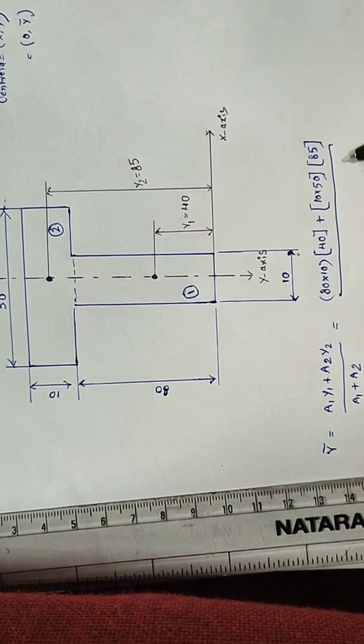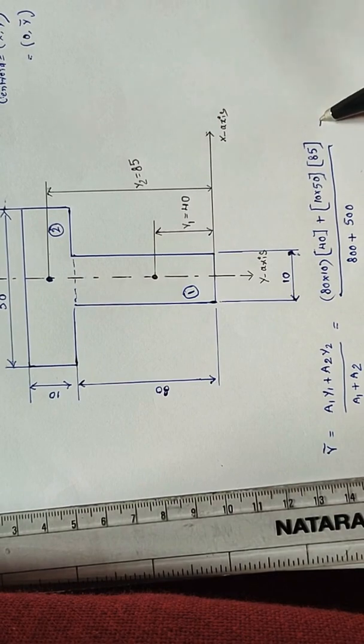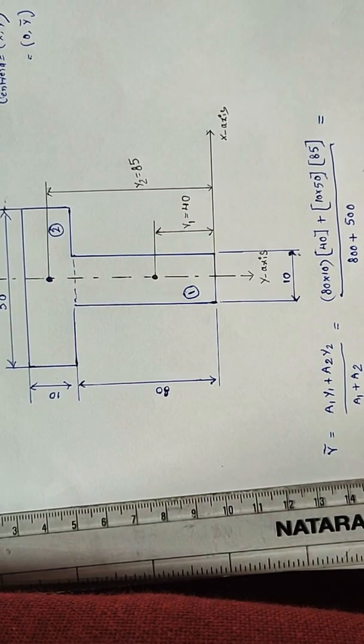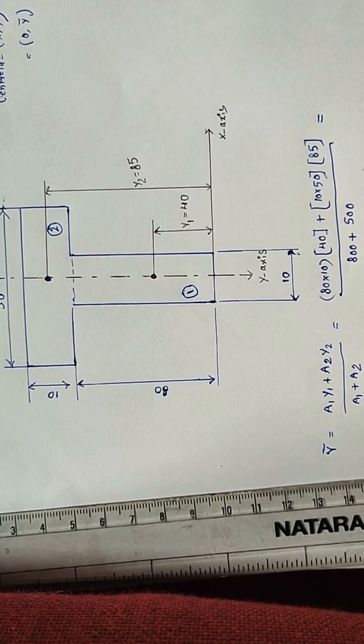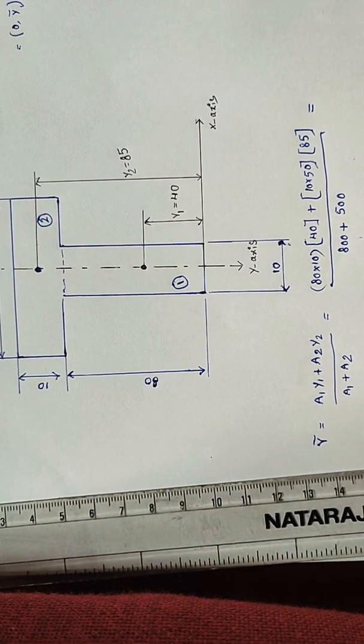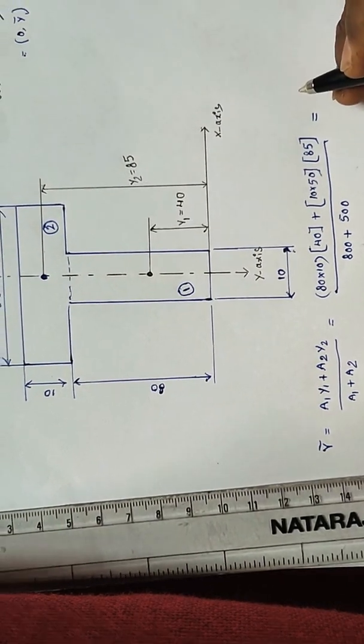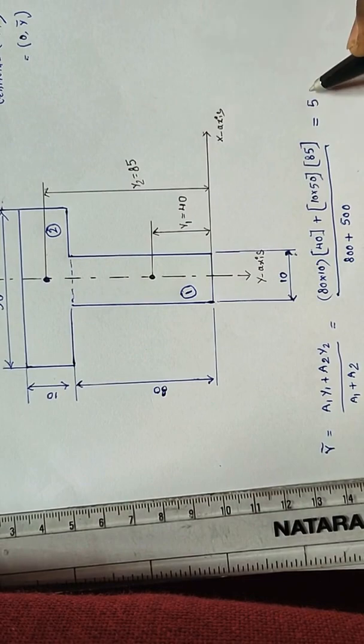Divided by a1 plus a2. So 80 into 10 is 800, plus 10 into 50 is 500. If you calculate this, finally you will get the centroid location y bar equal to 57.3 mm.